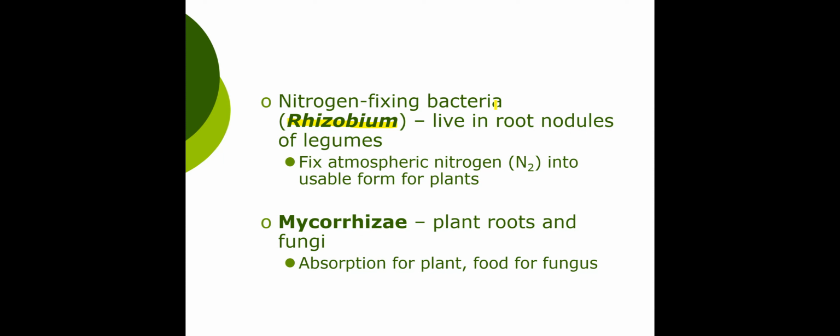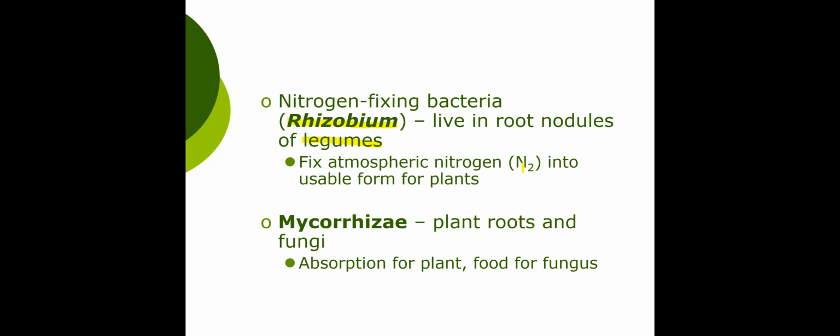So remember that nitrogen is very abundant in the air, but living things cannot use it in that form. Okay, plants cannot use it in that form. We really need either environmental changes like lightning or forest fires, or we need these bacteria. And so these bacteria specifically live in legumes, which are bean plants.